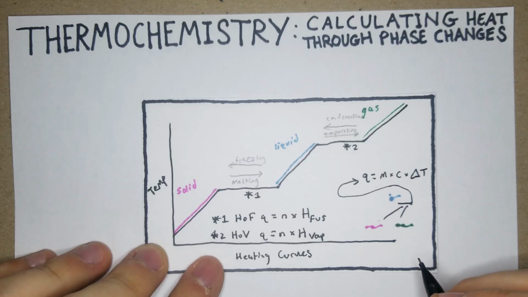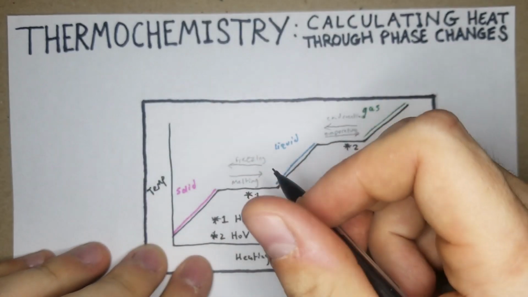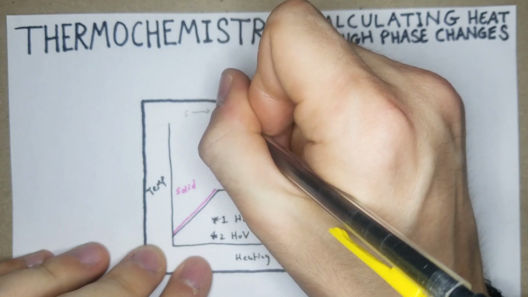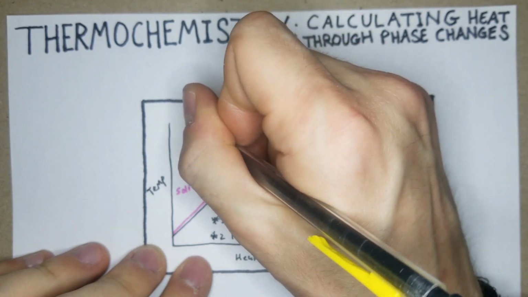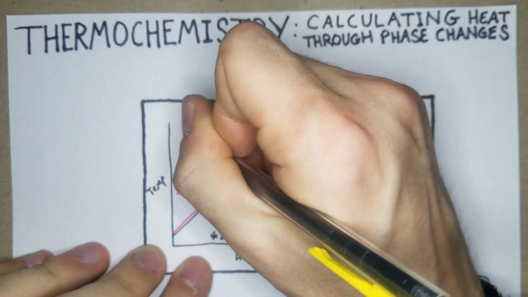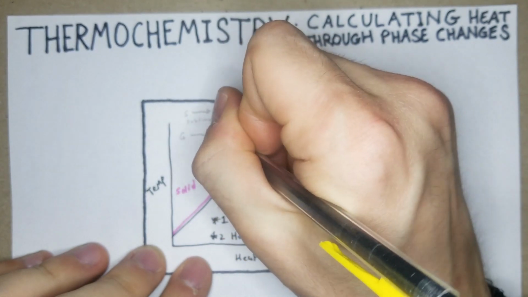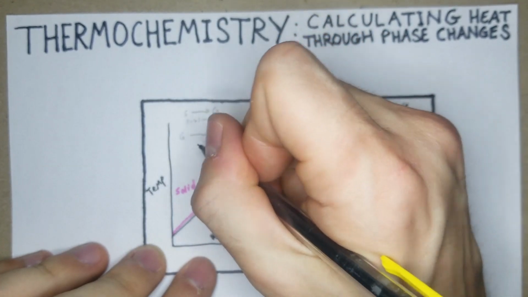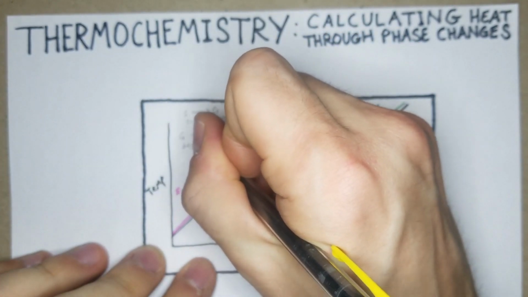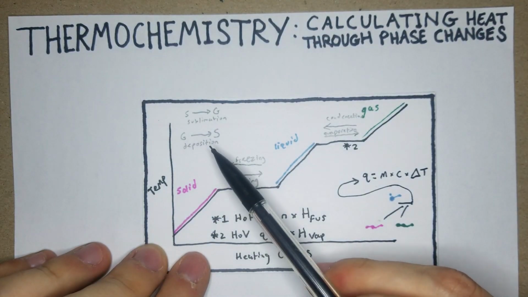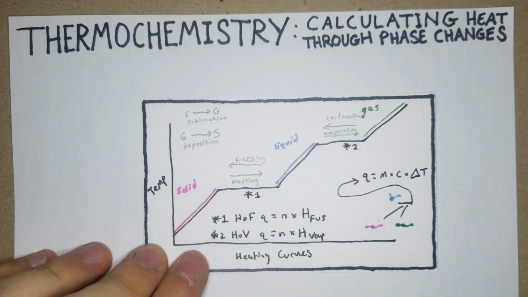The only other one you'll probably occasionally see, I'll put it way up here. If you go from solid to gas, that's going to be sublimation. And if you go from gas to solid, which is super rare in nature, that's going to be deposition. Sometimes a professor will throw in a single question on one of those just to throw people off.